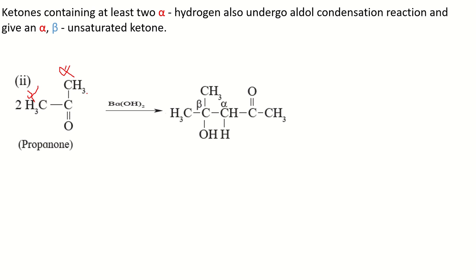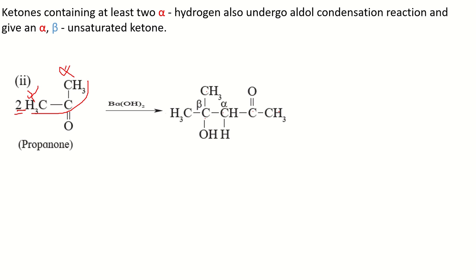The resulting product is beta hydroxy ketone. See here, how many carbons are in the chain? Three. There are two molecules, so there will be six carbons. One, two, three, four, five, six. As it is, no change happens here.